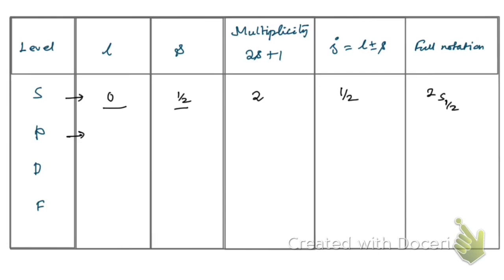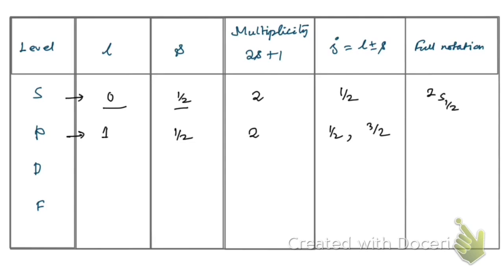And for p orbital, the value of orbital quantum number is 1 and spin quantum number is again half, and multiplicity, if you put S equal to half, then you're gonna get 2. And here in this case we're gonna get L plus S and L minus S. If you subtract half from 1, that's gonna be half, and L plus S, that's gonna be 3 by 2, right? If you add these two, you get 3 by 2; if you subtract, you get half.